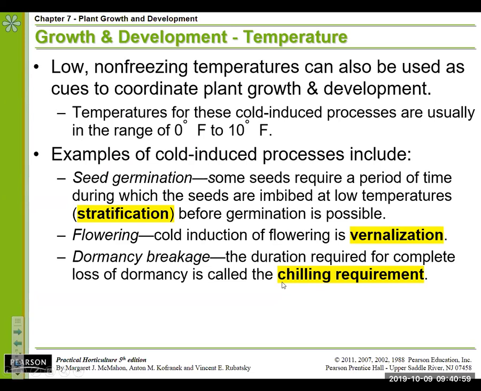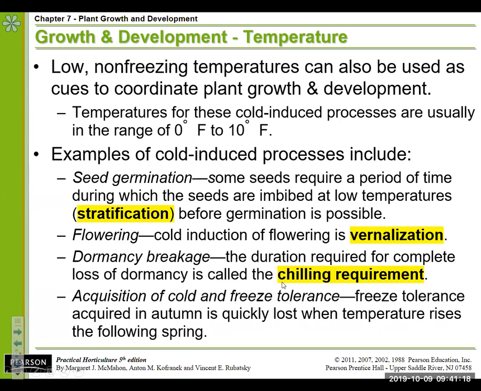They were not able to actually break dormancy, or in some cases even initiate dormancy, because they're still being exposed to warmer temperatures, and they're not getting the chilling hours that cause those buds to develop into flower buds as well as leaf buds. So chilling requirement is another important one as well.